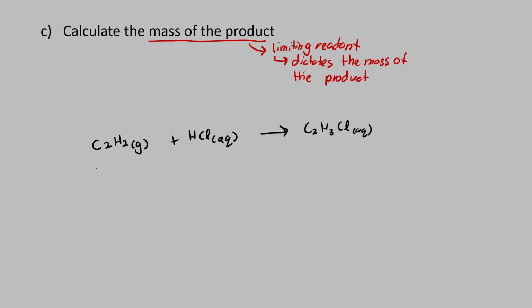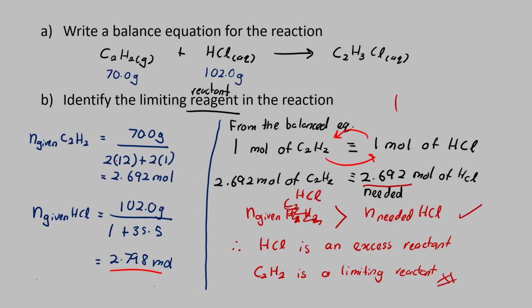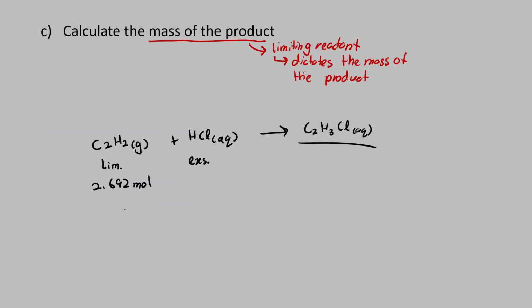It is the C2H2 gas. So this is the limiting, this is the excess. So since we know the mass of the product is dictated by the limiting reactant, we look at the mole of the limiting reactant. What's the point of looking at the excess? So the mole just now is 2.692 mole, right? Is it 6.92? Yes, 6.92 mole.